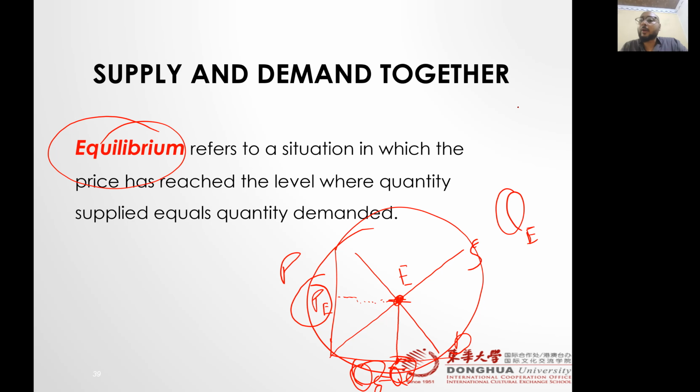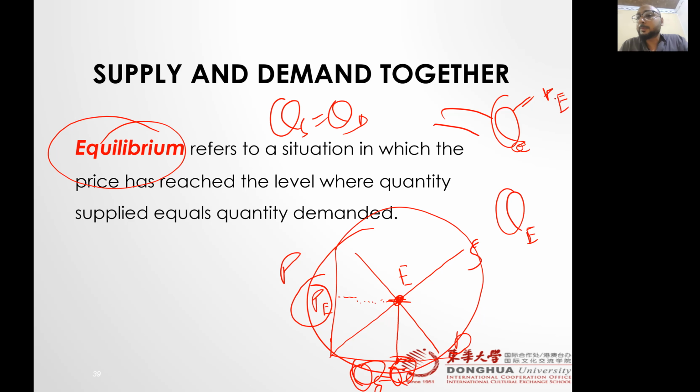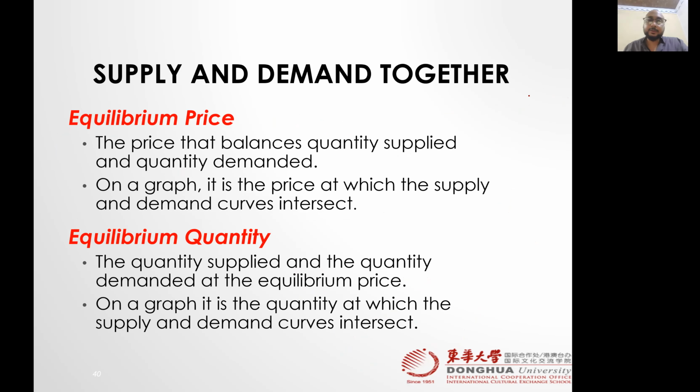So remember, if I write it down QE, this is that level on which quantity supplied is equal to quantity demanded, and on that level price is called equilibrium price. So let's just explore further. So what is the equilibrium price?